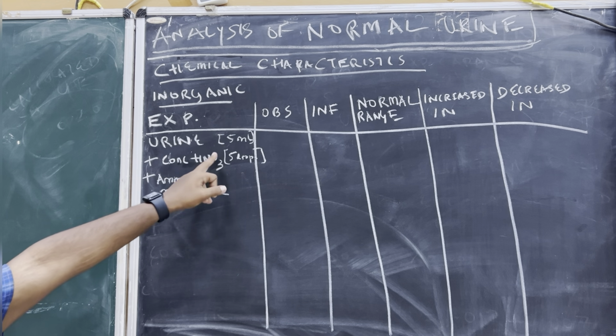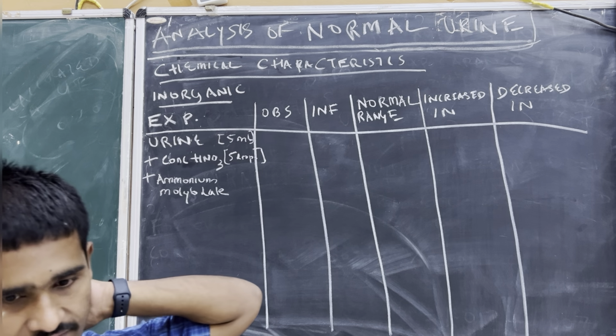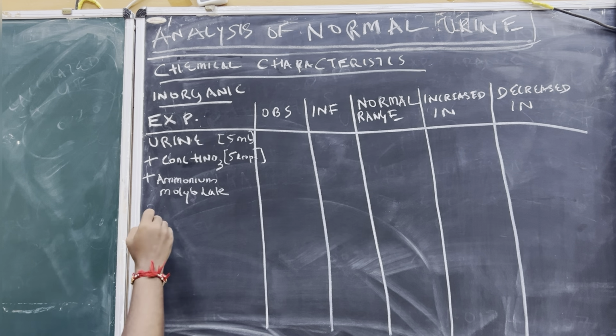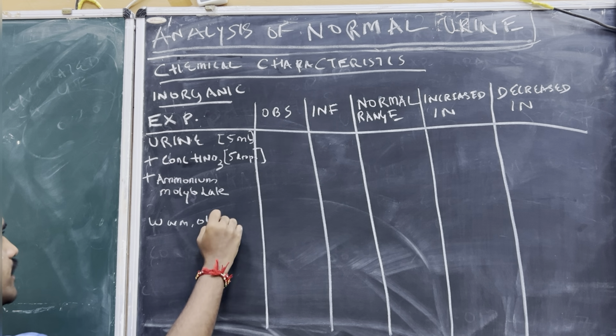So 5 ml urine plus 5 drops of concentrated nitric acid plus ammonium molybdate. We have to warm and observe.